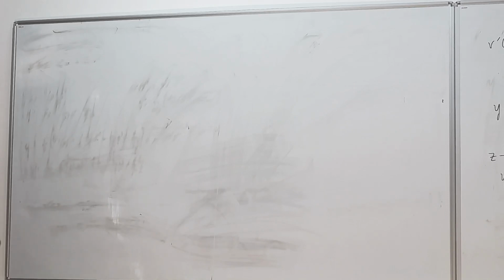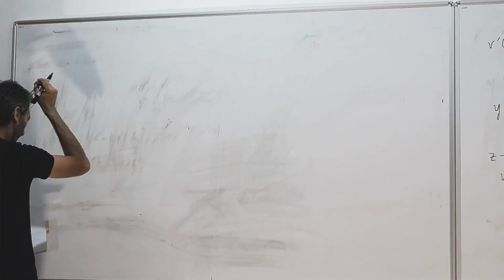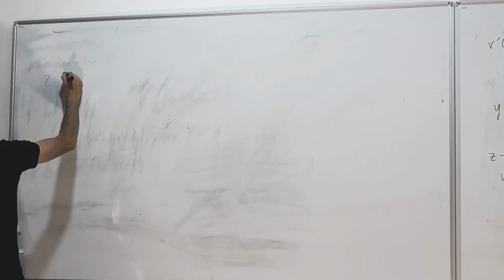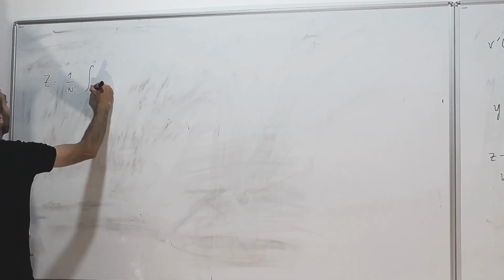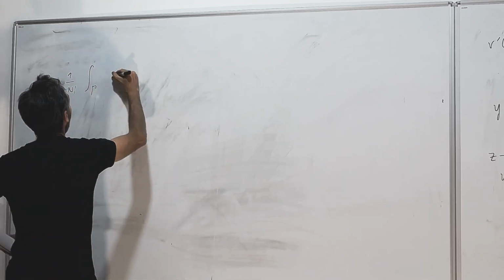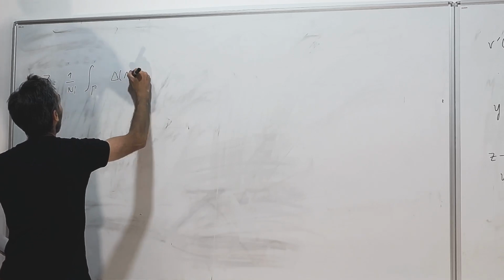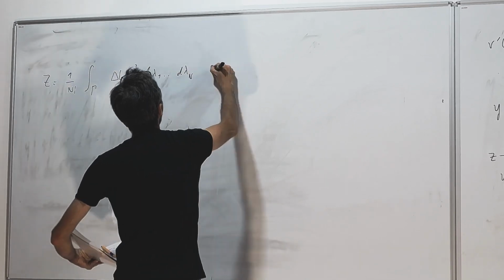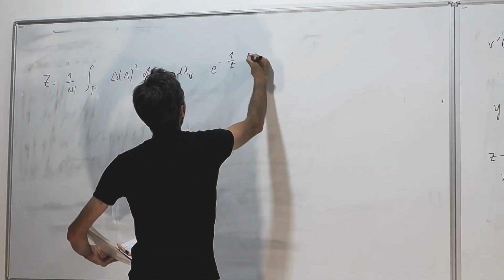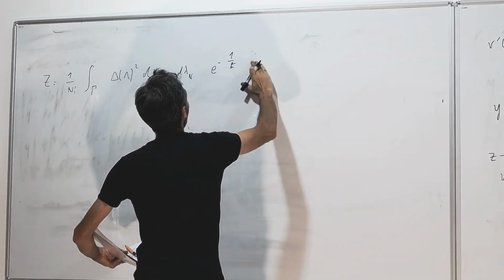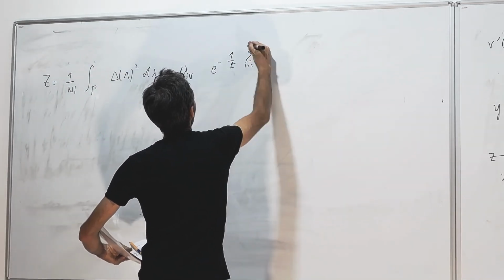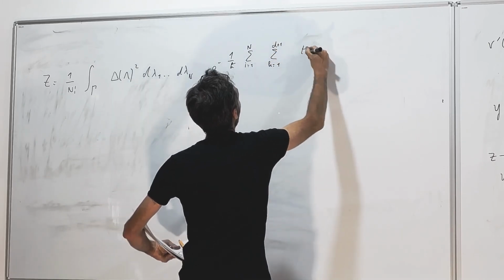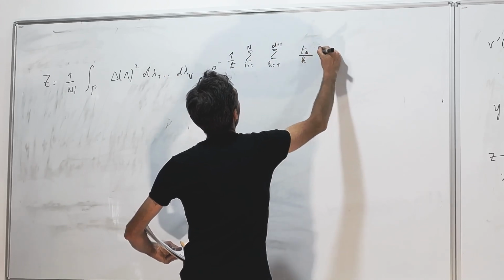Remember that Z was 1 over n factorial, the integral over my contour gamma of the Vandermonde of lambda squared, d lambda 1 to d lambda n, exponential of minus 1 over h bar, sum over I from 1 to n of V of lambda I, plus sum from k equals 1 to d plus 1 of tk over k, lambda I to the k.